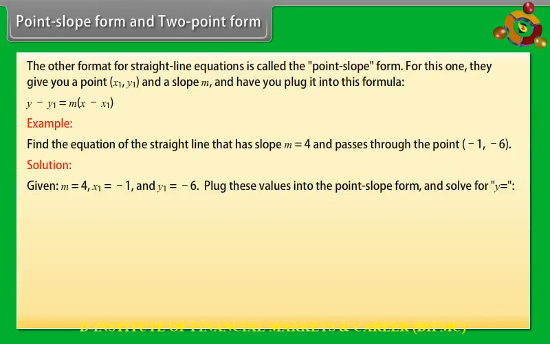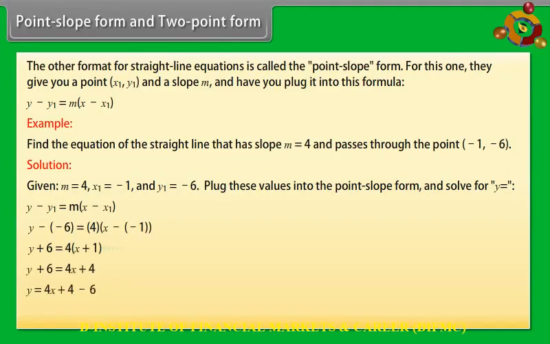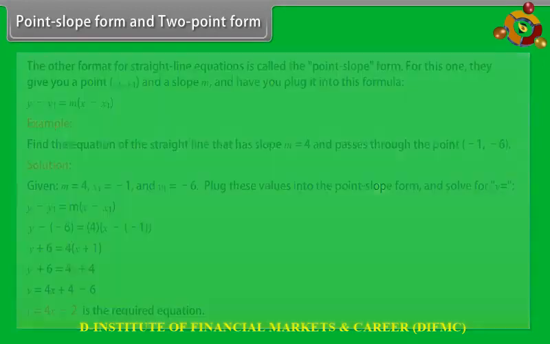Plug these values into the point-slope form: y minus y1 is equal to m into (x minus x1). Substitute the values in the above equation and then on solving for y we get y is equal to 4x minus 2, which is the required equation.